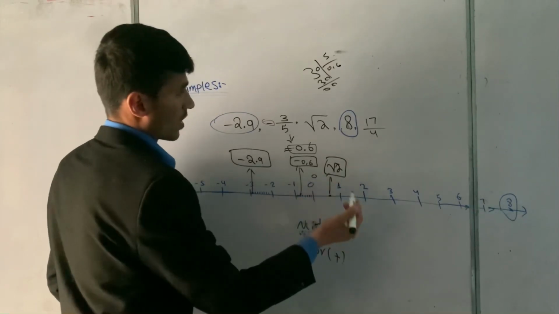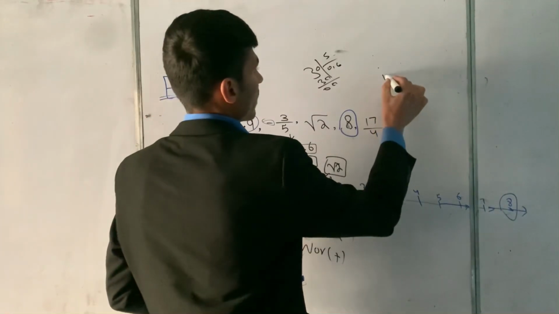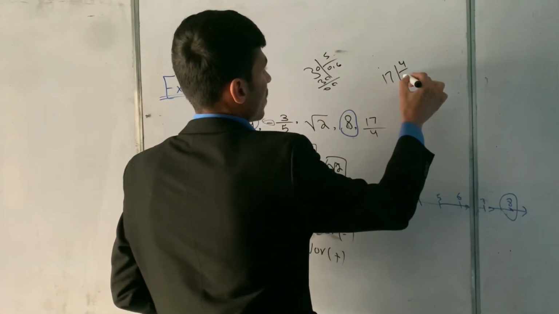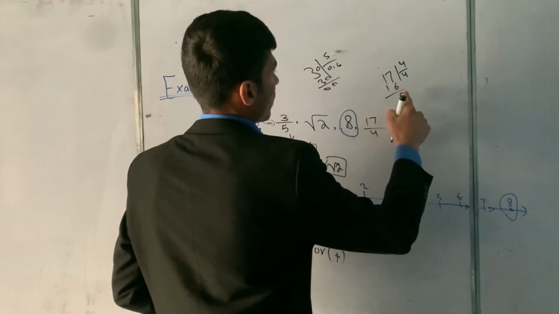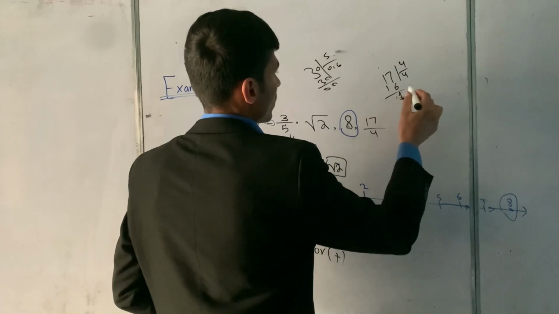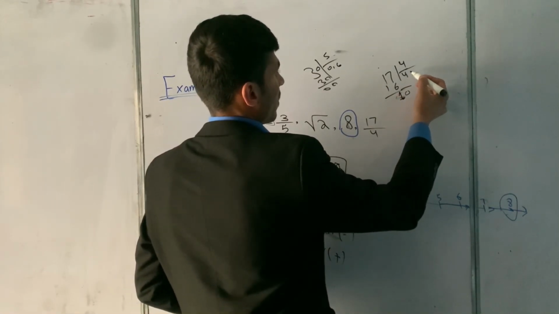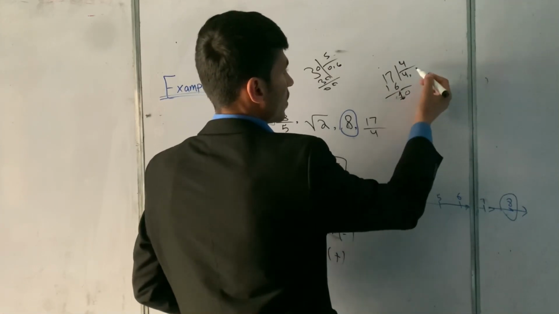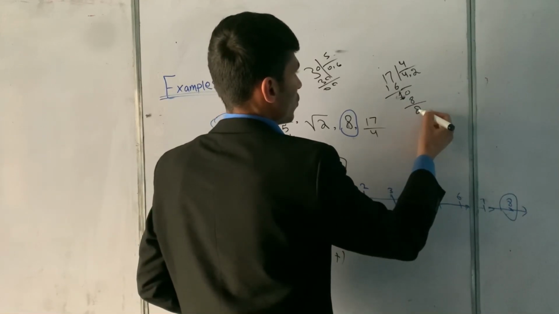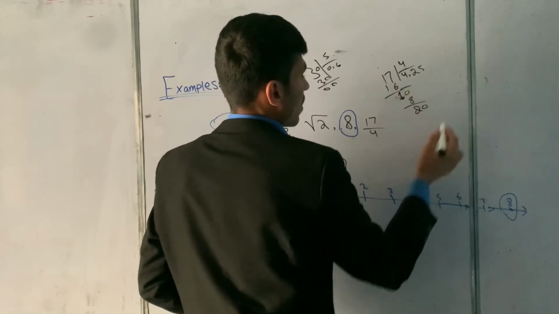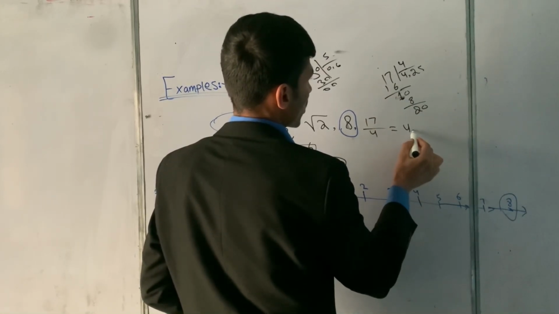Then 17 over 4. 17 divided by 4: 4 times 4 is 16, remainder 1, then 10, put a decimal point, 2, 4, 8, 2, 5. So this equals 4.25.